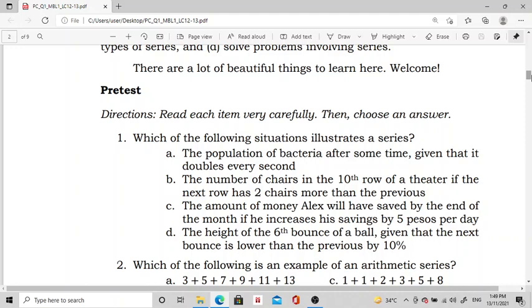Letter C, the amount of money Alex will have saved by the end of the month if he increases his savings by 5 pesos per day. Or D, the height of the 6th bounce of a ball given that the next bounce is lower than the previous by 10%. So what's your guess?